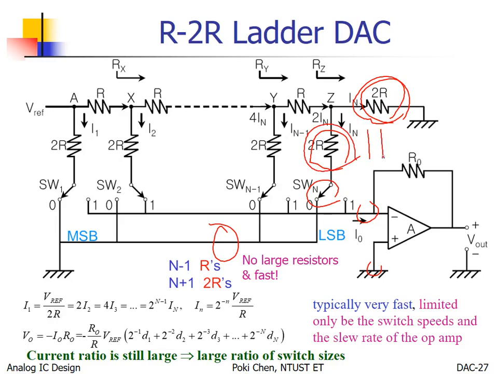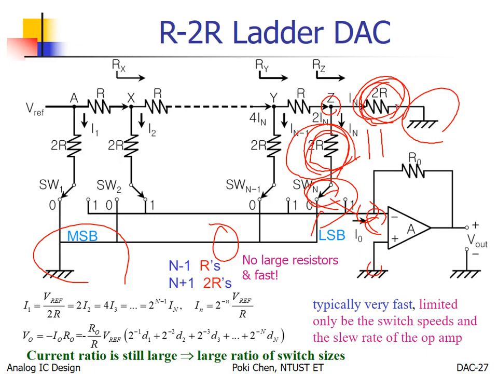Why? Because we have the same node here. And how about the other node? You are grounded. Me is also grounded. Never mind to the left ground or to the right virtual ground. The same. So in theory, this 2R and that 2R are in parallel.